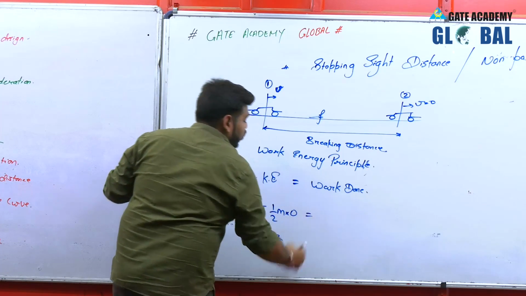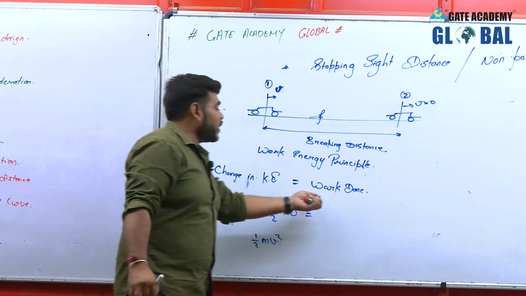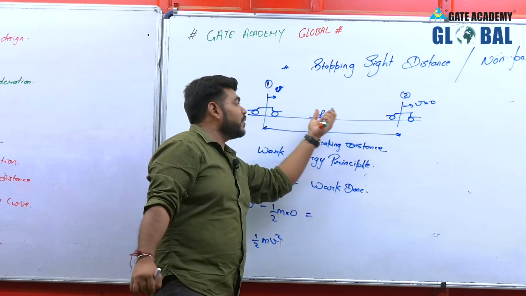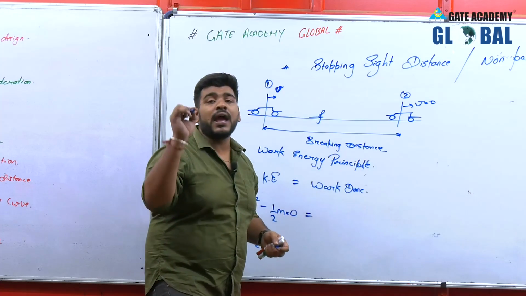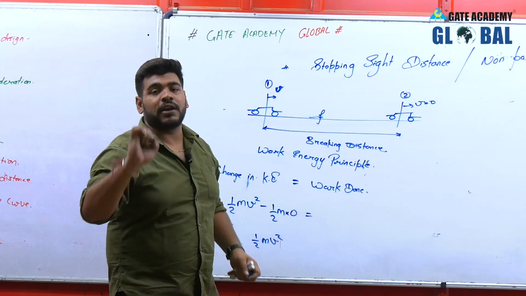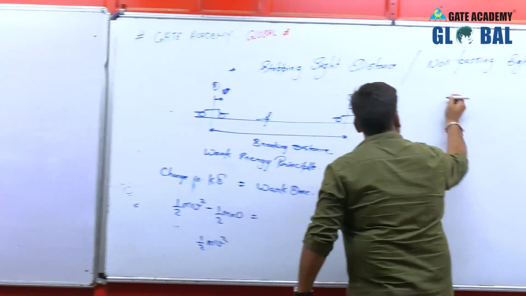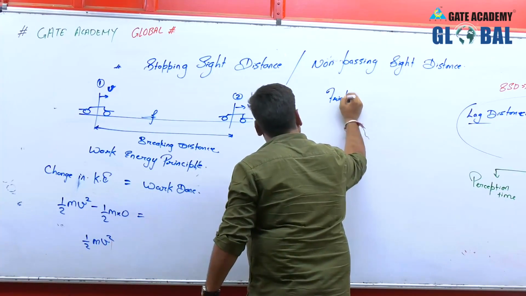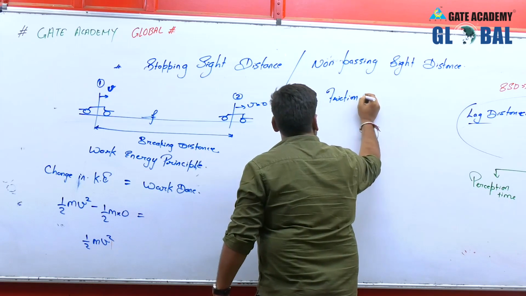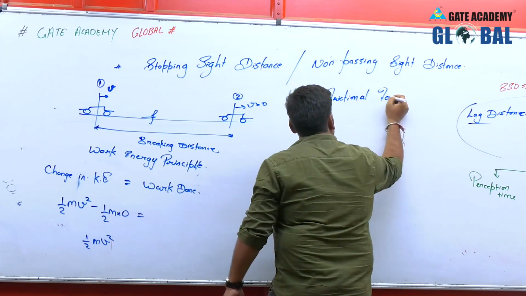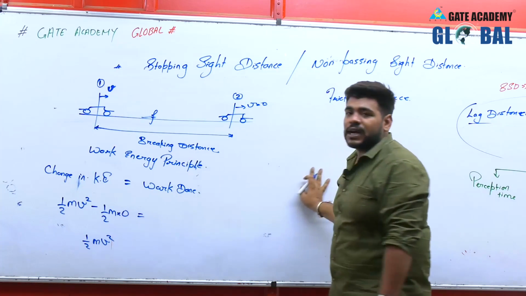Let's talk about work done. Your total kinetic energy is converted into work done, and work done is done only by frictional force, which we consider as capital F. Let's discuss the frictional force that is going to be applied on our vehicle.